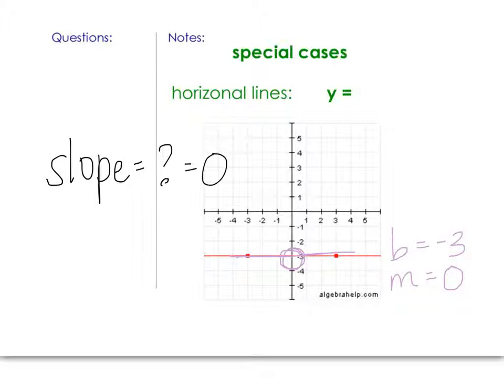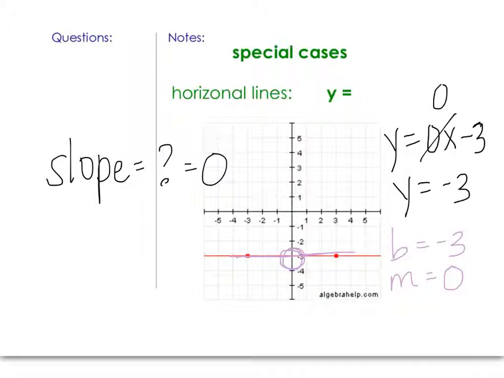If I write this in the equation, y equals mx plus b, well, what's 0 times anything? Isn't that just 0? So y equals negative 3. This is the equation of that line.